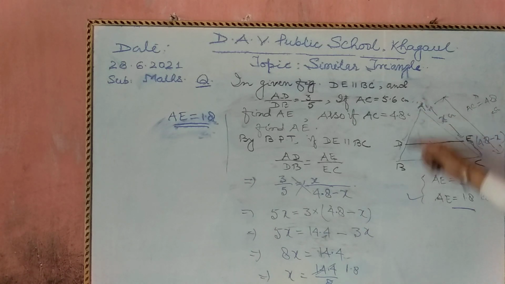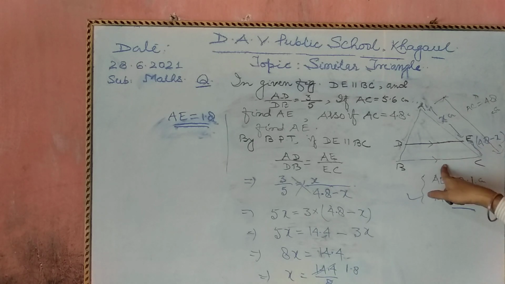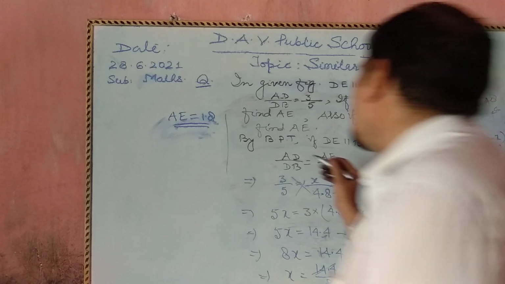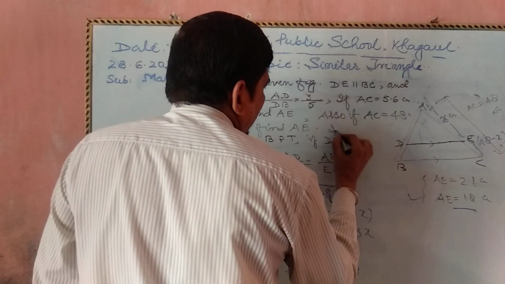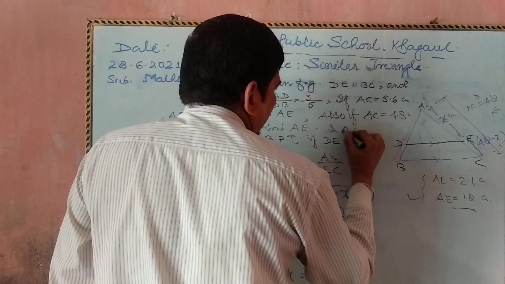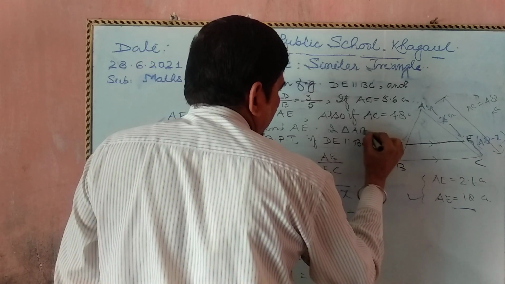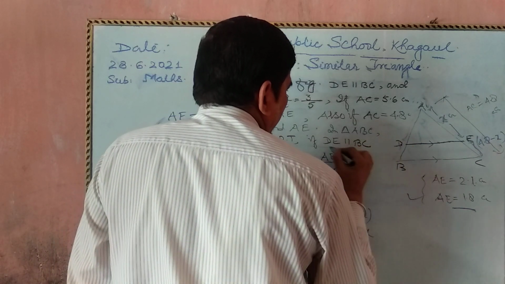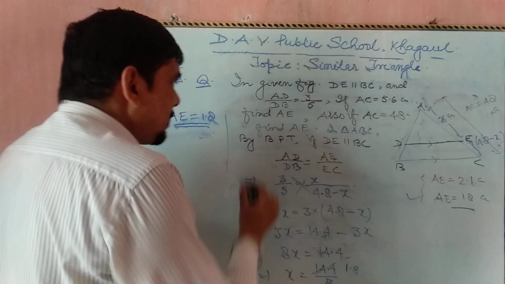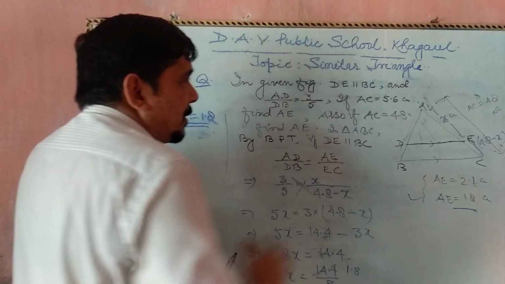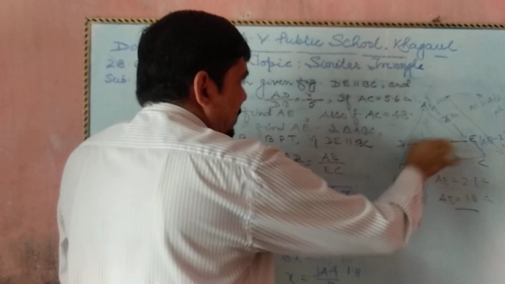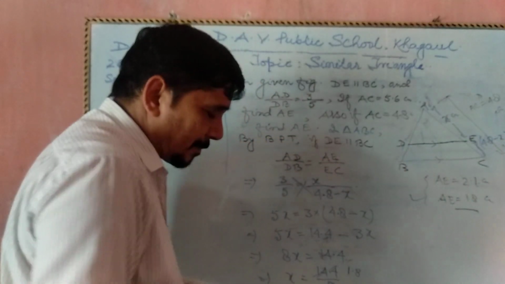Now we are in triangle ABC. DE is parallel to BC. It is given. So by the BPT theorem, you can write AD by DB is equal to AE by EC.